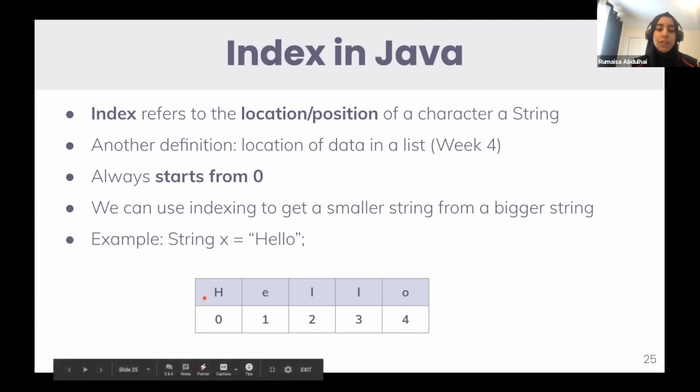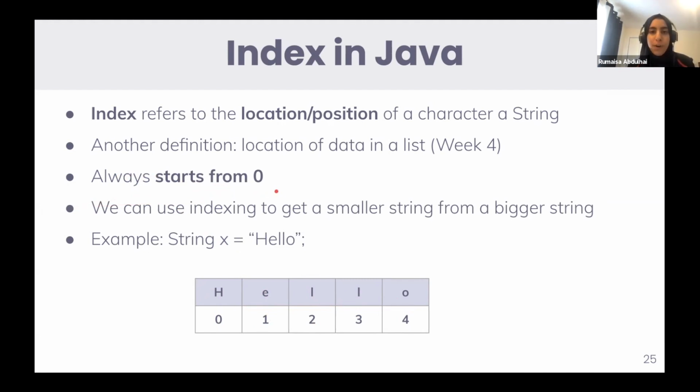So if you have the string hello, these are the indexes for each character. For H, it has the index 0. For the character E, it has index 1, and then 2, 3, and 4. And we always start from 0. So in math, you count 1, 2, 3, 4. In Java, you do 0, 1, 2, 3.